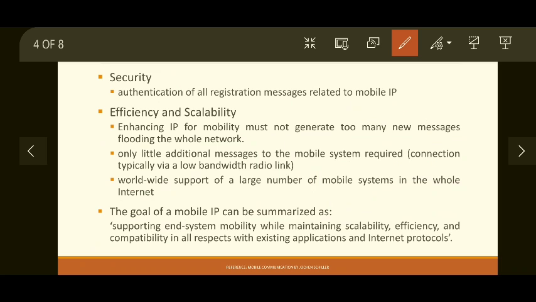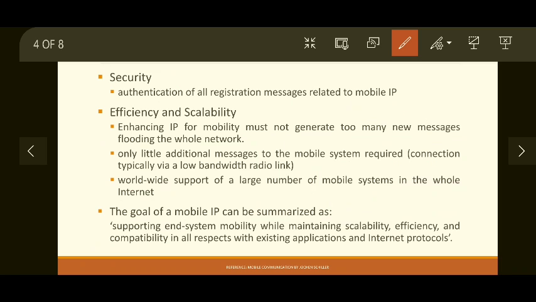Now enhancing IP or introducing a new version of IP, mobile IP, must not generate too many new messages which will flood the network. When we are talking about changing the mechanism of IP, something new must be introduced. But whatever new we introduce should not generate too many messages which will flood the network, because those will be control messages, not the actual data exchanged between the sender and receiver.